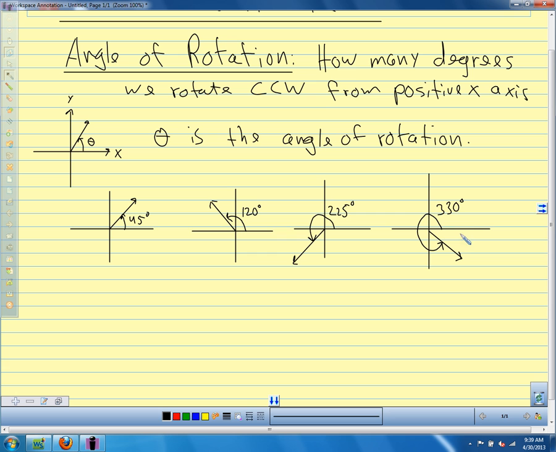And if I rotate all the way around and past the x-axis again, that just means I'm rotating more than 360 degrees. So if I go all the way back around to there, and I've gone from here all the way around, that could be maybe 405 degrees. So I'm just going more than 360.